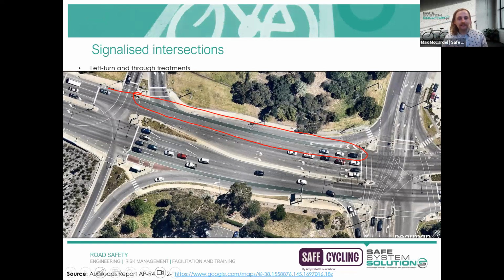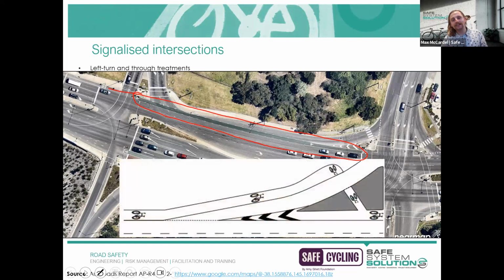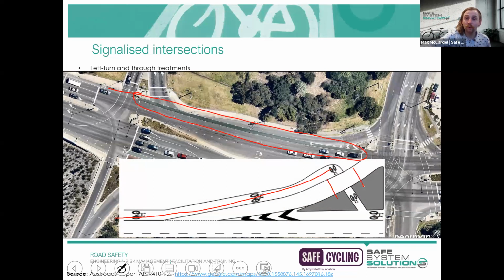What could be looked at instead is this idea of pushing cyclists to an off-road facility and then crossing over at a distinct location at the slip lane. So this is taken out of the Austroads report. So pushing cyclists away from the carriageway, having them pause and wait, or giving them priority across the slip lane before continuing on like that.